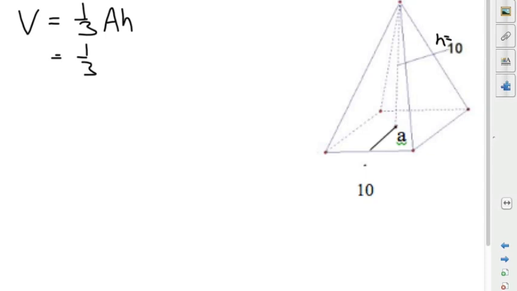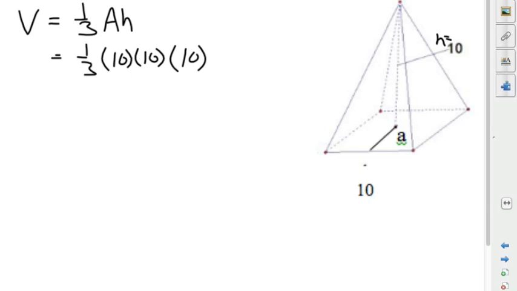That's equal to 10. What's A again? A is our area. So what's the area of our base? 100. 10 times 10, because it's a square base pyramid. And our height is 10.